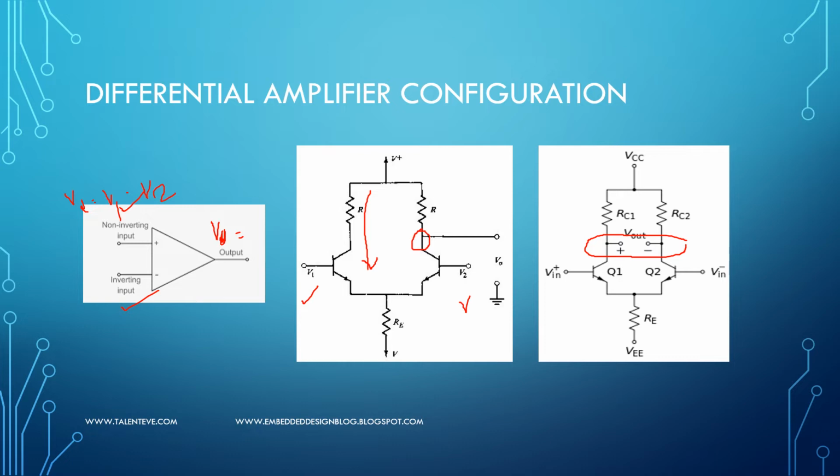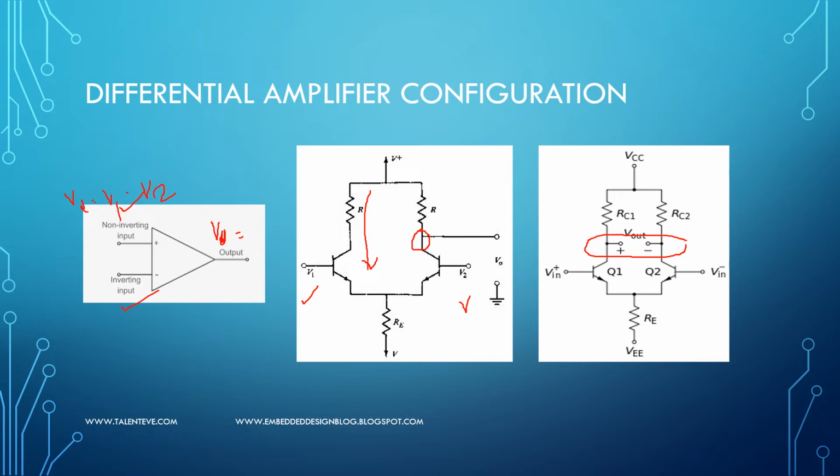Now here, basically, we have been talking about the very high input impedance of the operational amplifier. When we say very high input impedance, that means the current would be very less. It would be in nanoamps, or at max could go up to microamps. You can see here this is an NPN transistor.